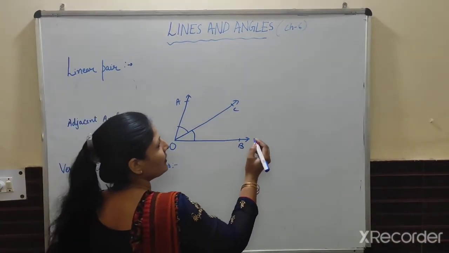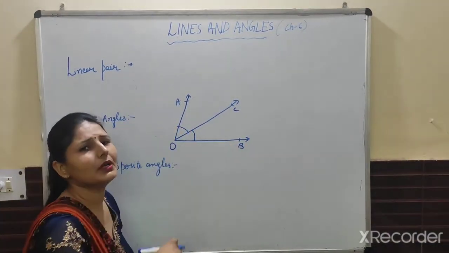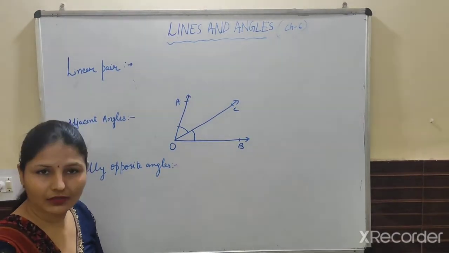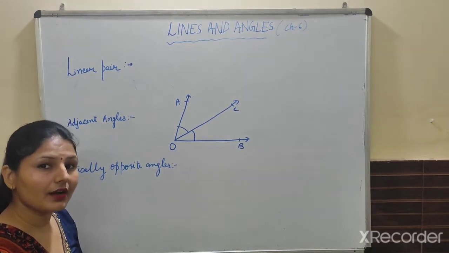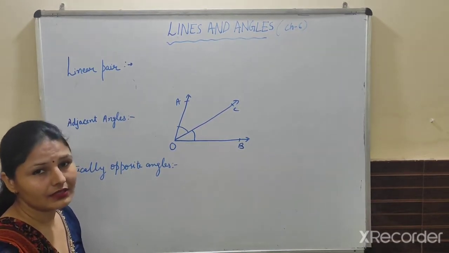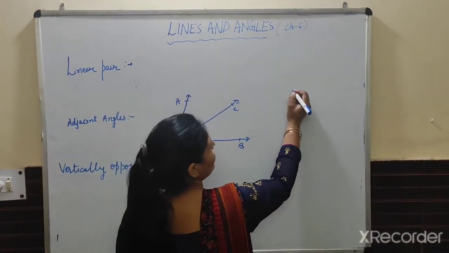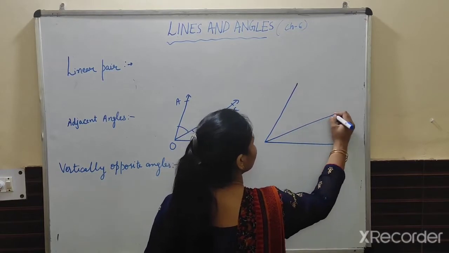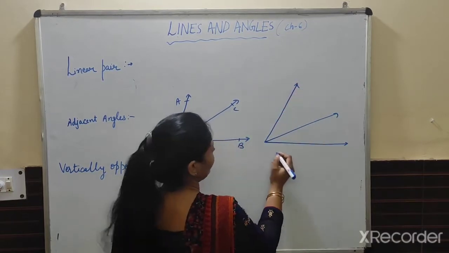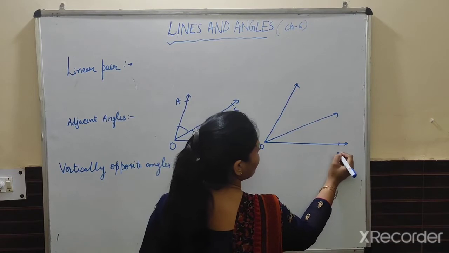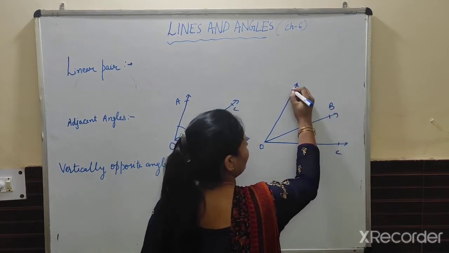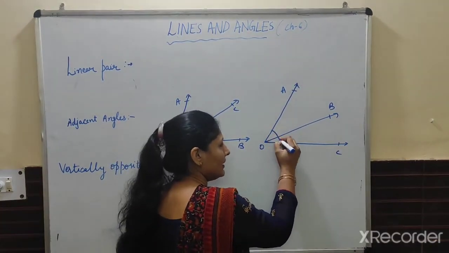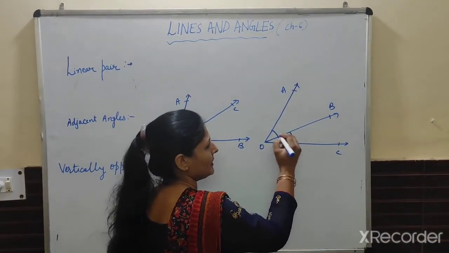Okay? If these two non-common arms are not lying on opposite sides, if they are lying on the same side of the common arm, then are they adjacent angles? For example, C, D, A. Again, angle AOC and angle BOC.